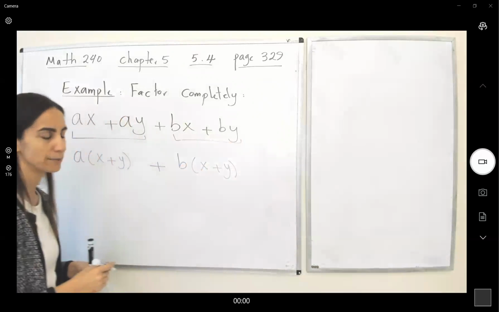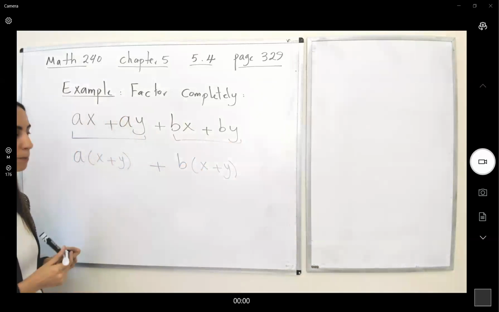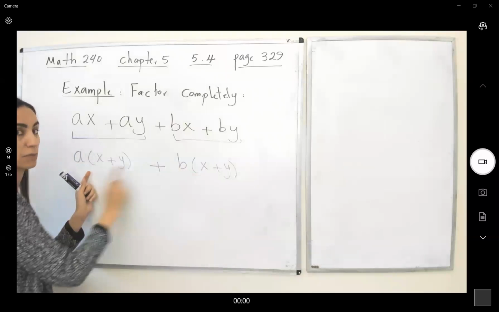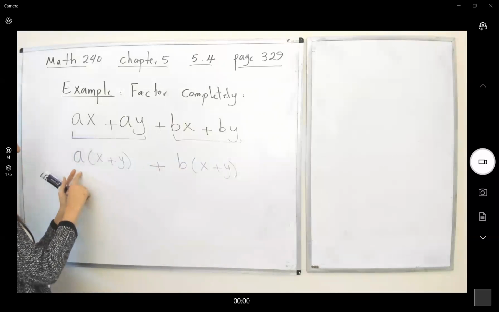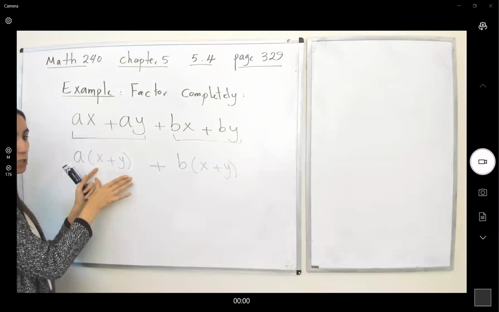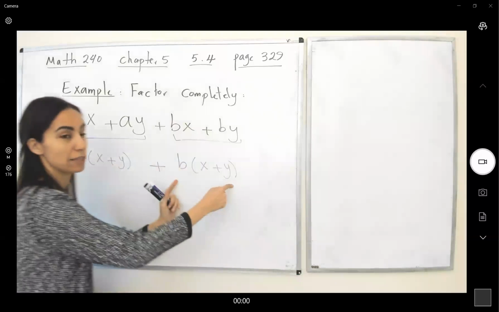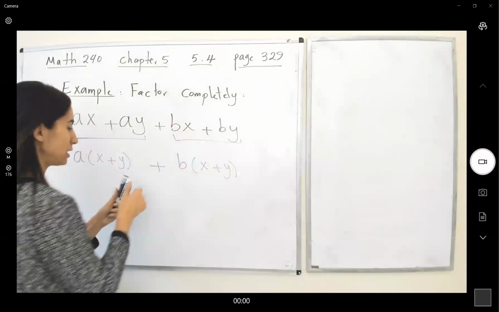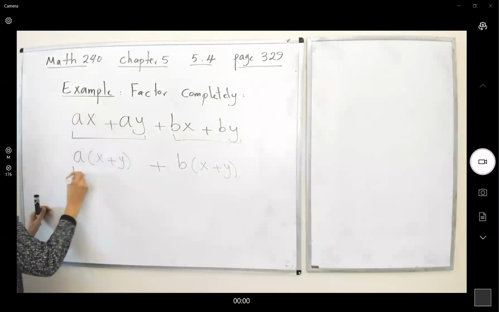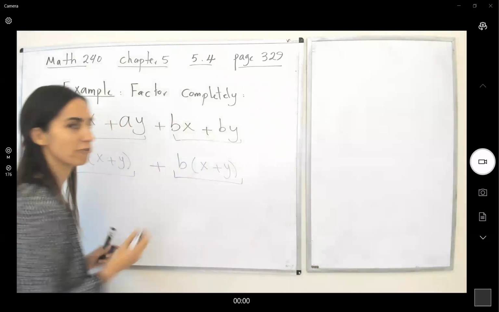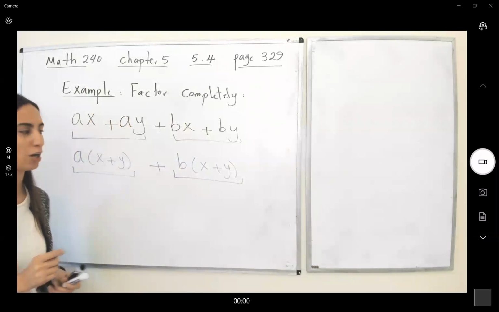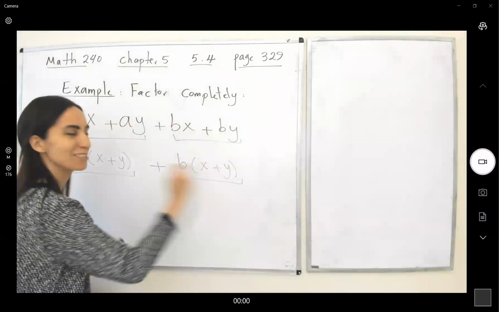Are we done yet? Take a closer look. What is the addend here and here? The first addend is A times x plus y. The second addend is B times x plus y. Between these 2 addends, what's the common factor? The common factor is a binomial, which is x plus y.